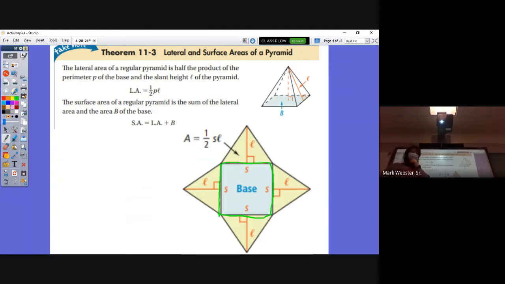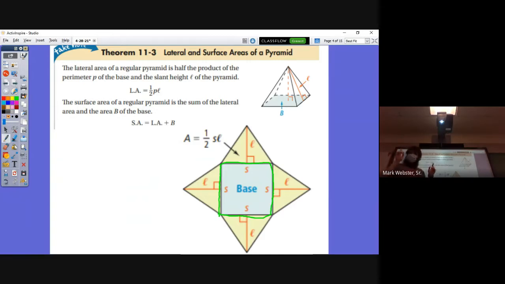So just like before, the perimeter is going to be part of our calculation, right? But this time it's no longer just base times height, because we're not dealing with rectangles, we're dealing with triangles, right?